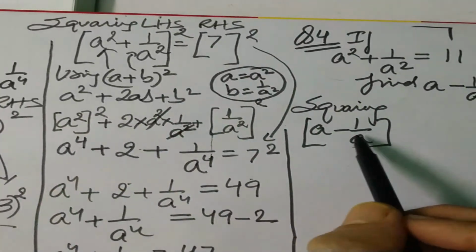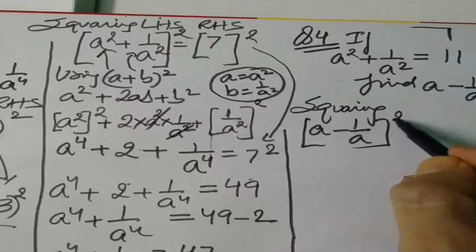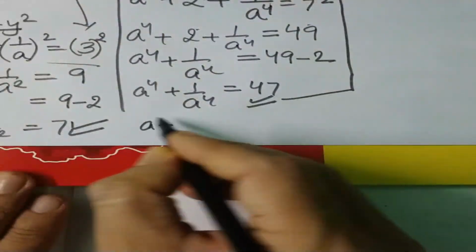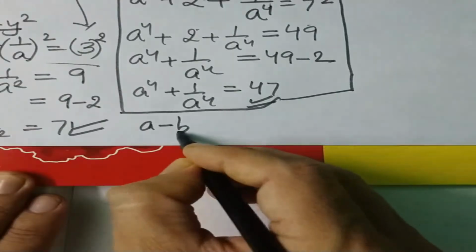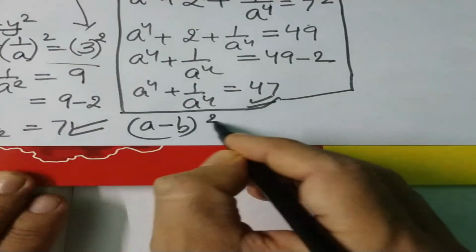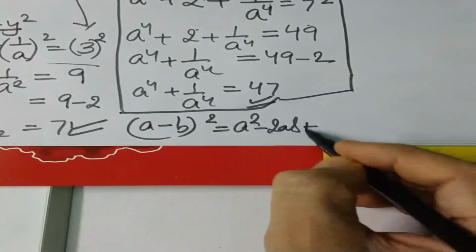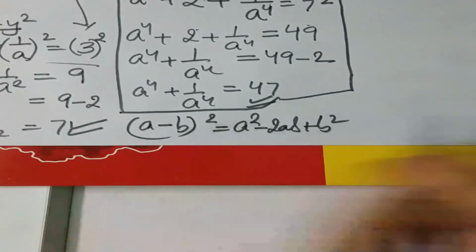But here it is (a - 1/a)², so I have to use the formula (a - b)² is equal to a² - 2ab + b². I will use this formula.